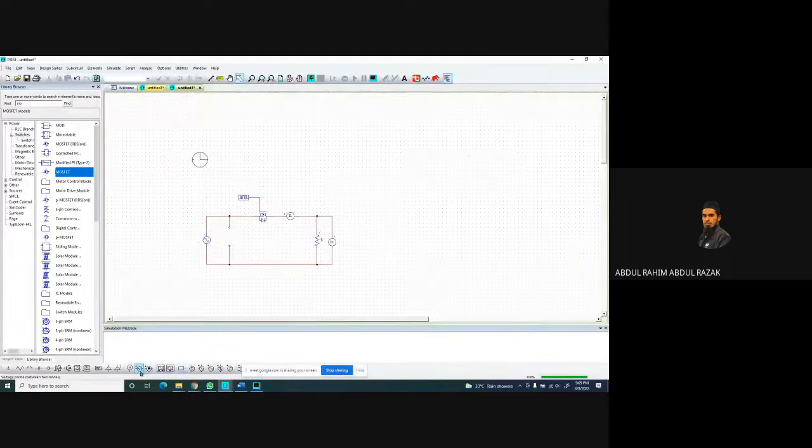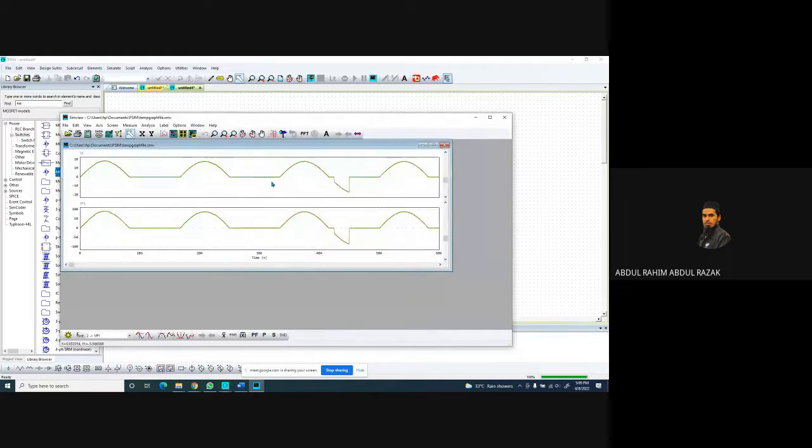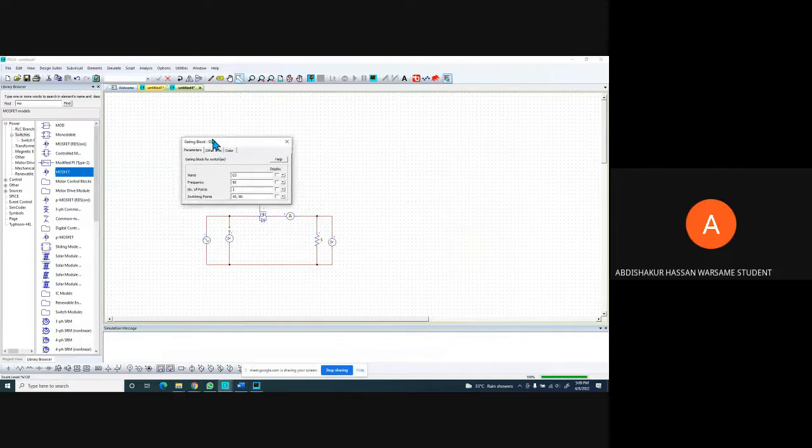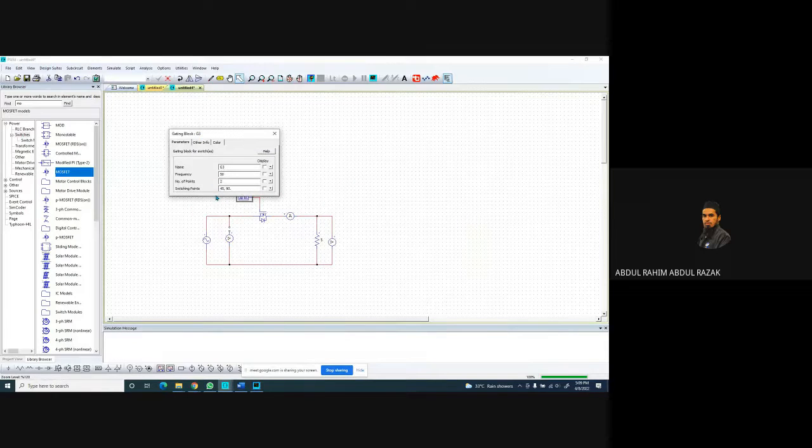Okay, double click at your signal, your triggering gate signal. Okay, simple square wave gate. This one. Okay, 50 Hz, 45 to 90. Okay.